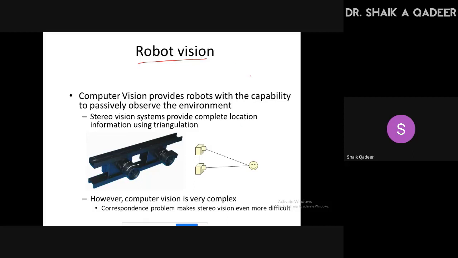Robotic vision. In our computer terminology, it is called computer vision. This is a very hot topic. Only a brief discussion we are covering in this course. Computer vision is actually the fundamental thing for driverless cars, and a robot makes use of this thing.